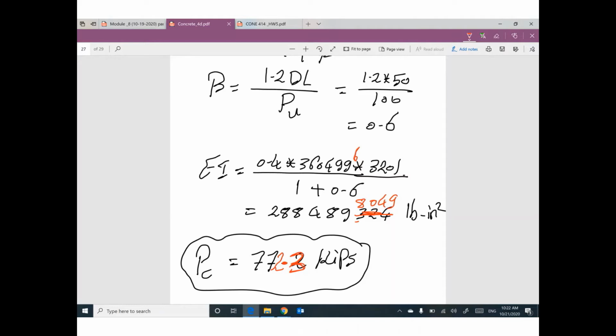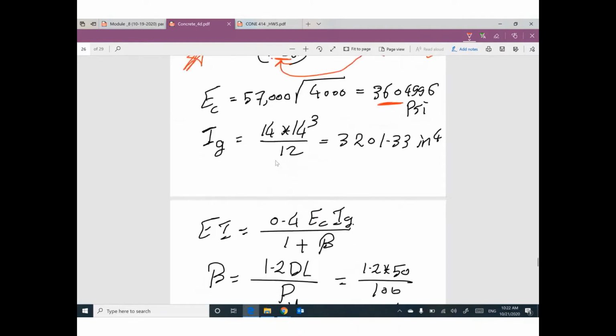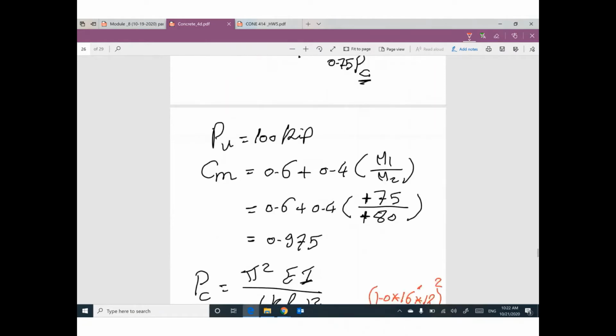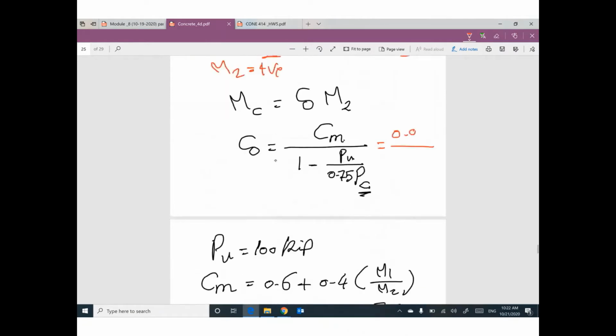So guys, go back here. The value of CM 0.975. 1 minus P ultimate 100 divide 0.75 times P critical 772.3. I can figure out the value of delta.